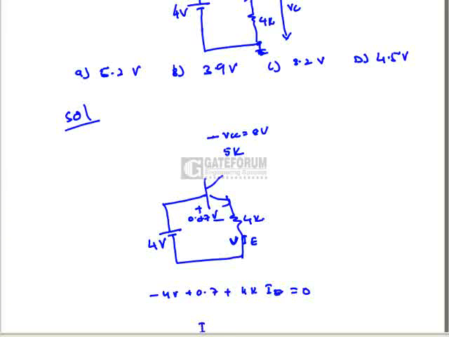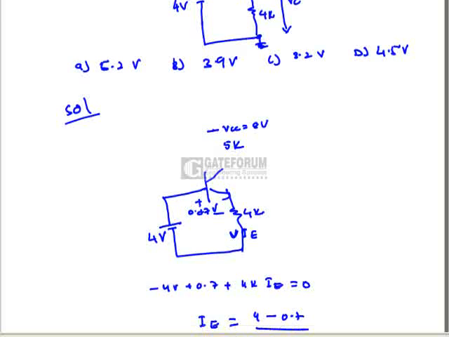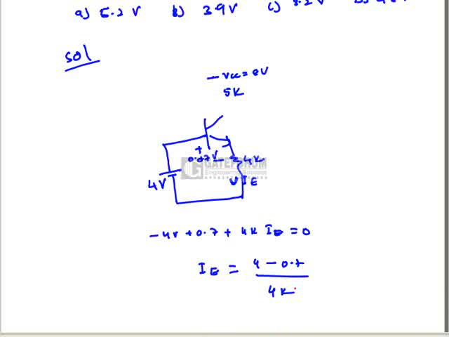So from this we get IE equals 4 minus 0.7 by 4k, which is around 0.825 milliamperes. So we got IE.